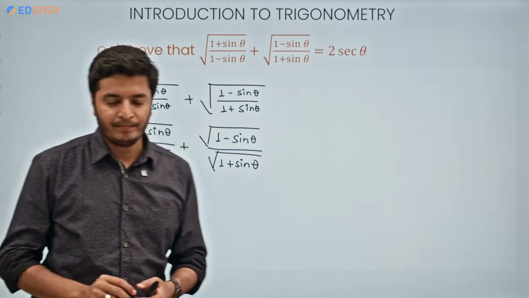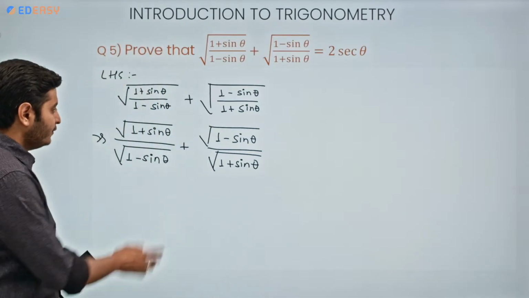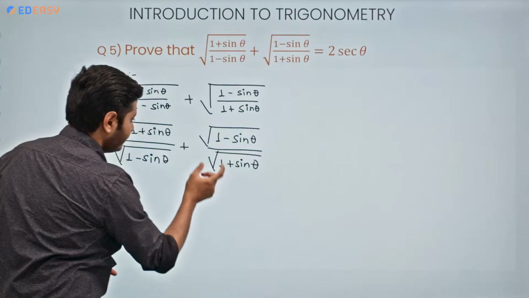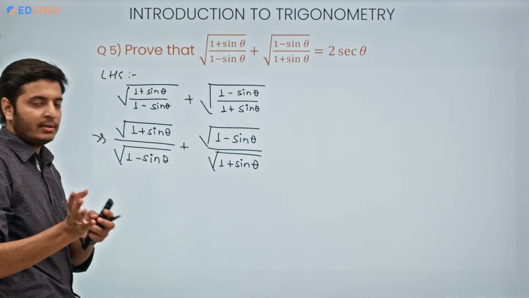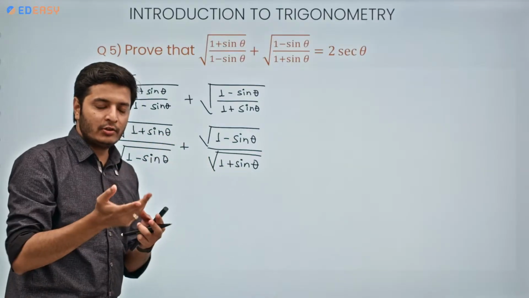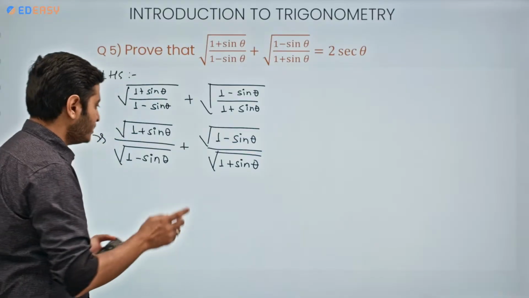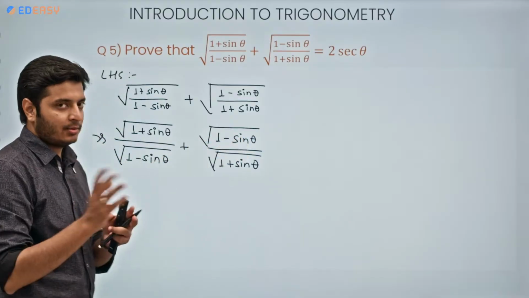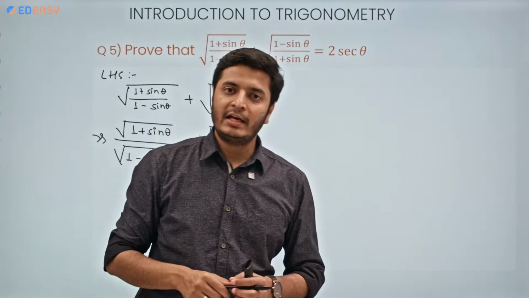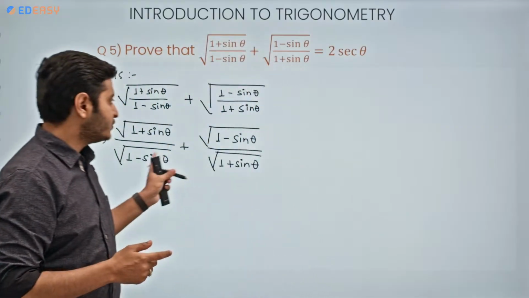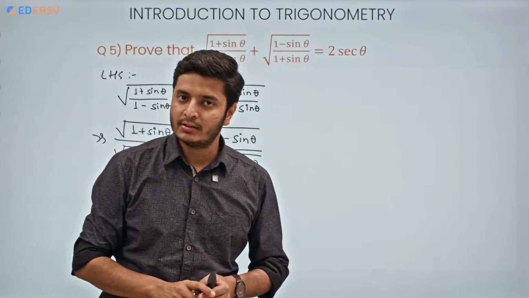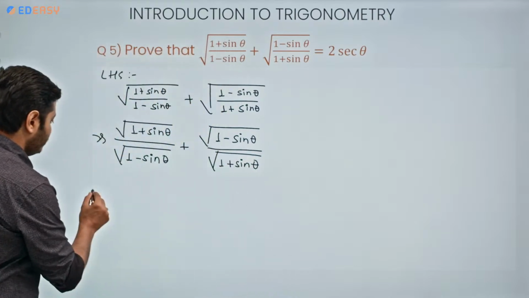Take LCM. What will happen? If we are taking LCM, then this term and this term we need to multiply, so it will become a squared value, and square and square root are going to cancel each other. Same goes for these two terms. They are going to multiply each other, then that way it will become a squared value, and square and square root are going to cancel each other. Correct? So take the LCM.